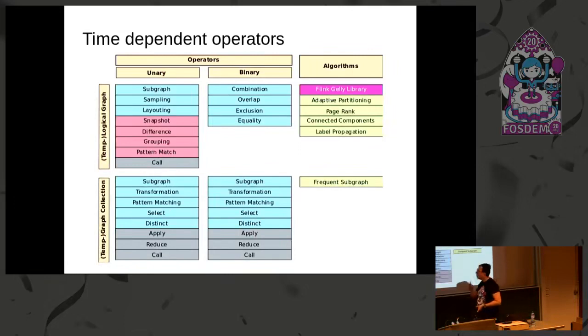We implemented two new types of graphs, temporal logical graph and temporal graph collection. And we made sure that all the classic operators are also able to use temporal logical graphs and temporal graph collections. So there's no trade-off in using the classic model or the new temporal property graph model.